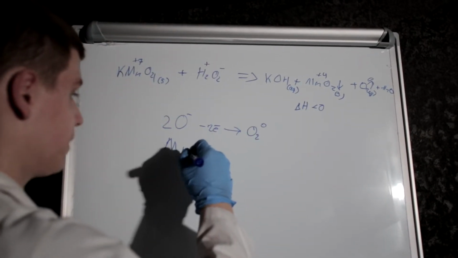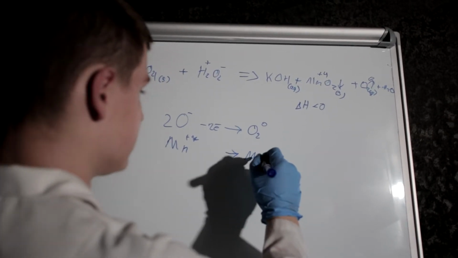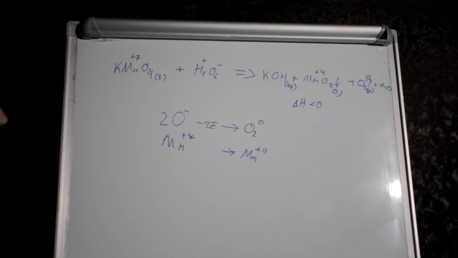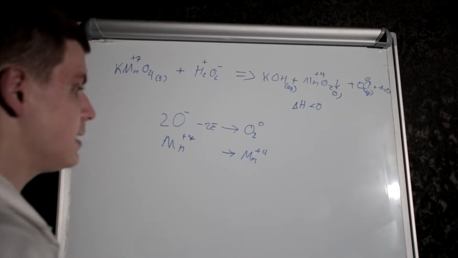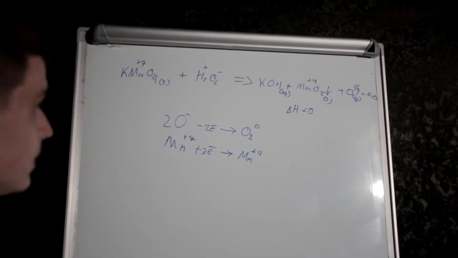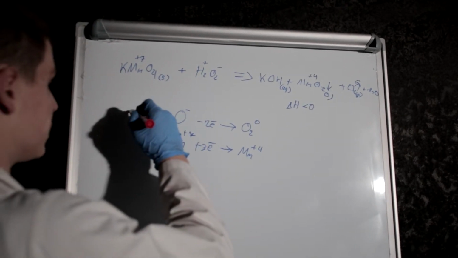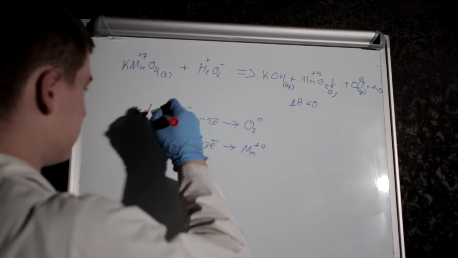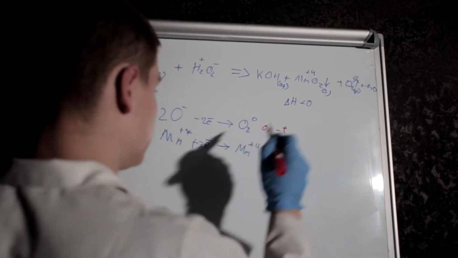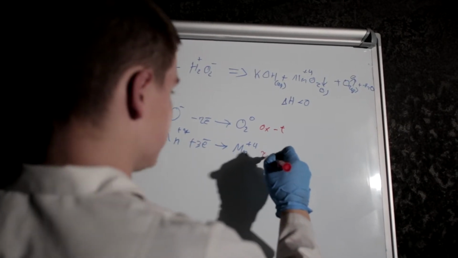The manganese with +7 changed to manganese +4. So in order for that to happen, it needs to gain 3 electrons. So this one was a reductant and became an oxidant. This one was an oxidant and became a reductant.